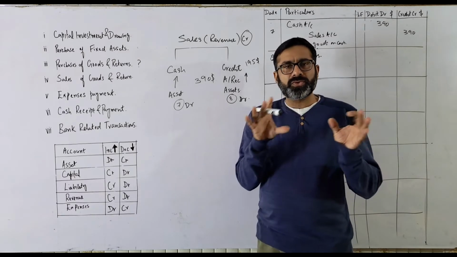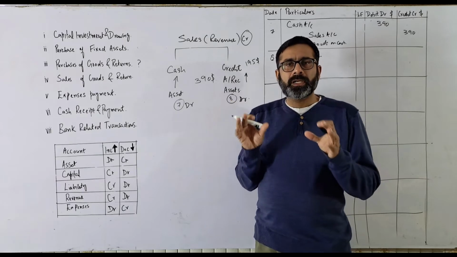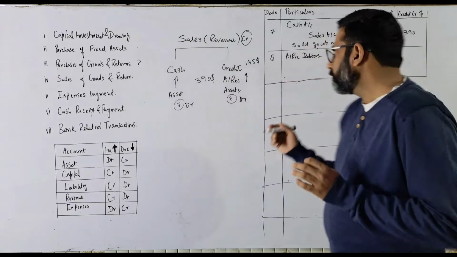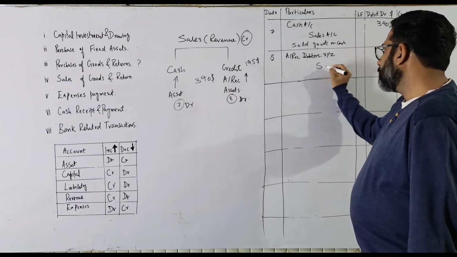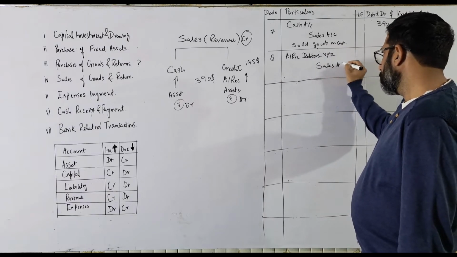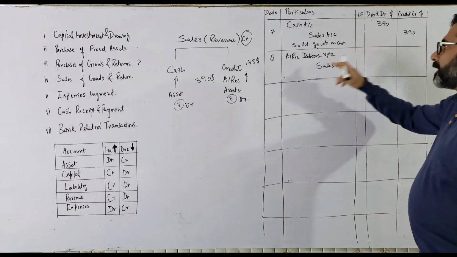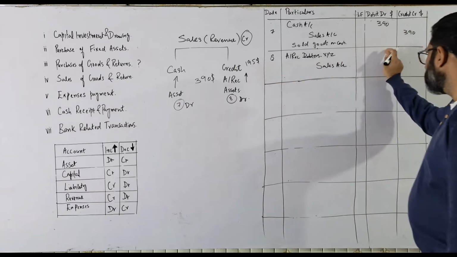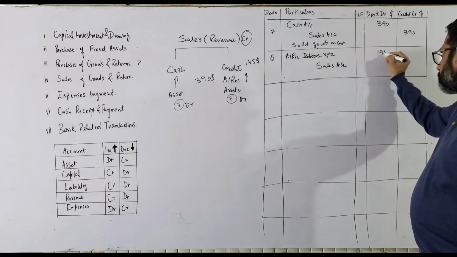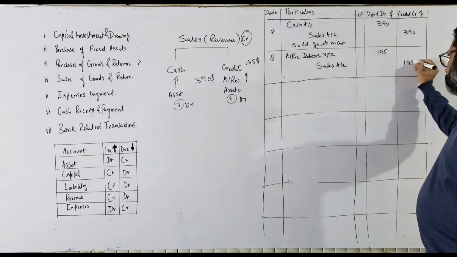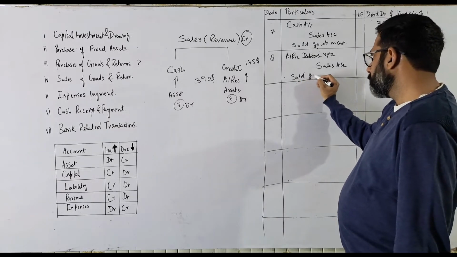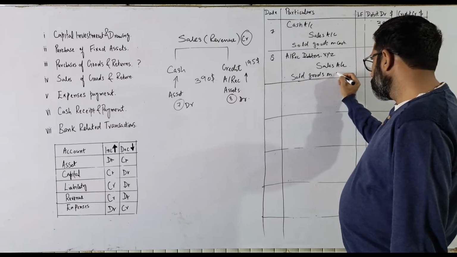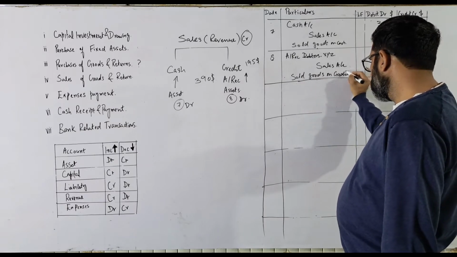So you should have a record or account of every customer separately. So let's say it is for X, Y, Z, and again the sales account will be credit. The amount is how much? That is $195. So this is also a sale. Sold goods on credit.